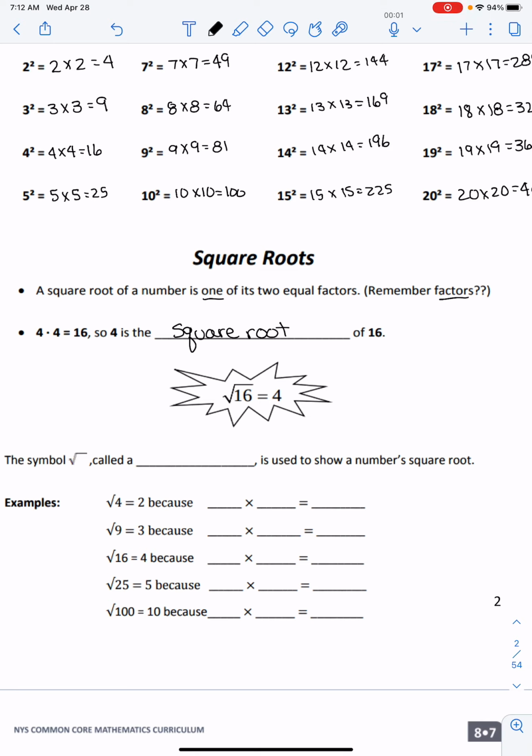Or the square root of 16 equals 4, and that's how we write it. The symbol here is called a radical sign, and it is used to show a number's square root.